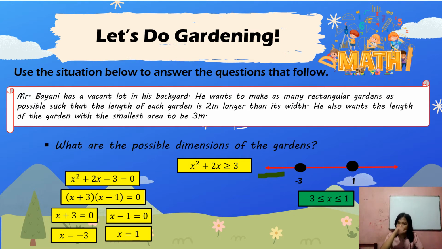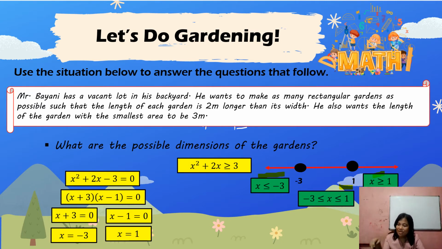Then on the other side, on the side of negative 3, you are going to have x is less than or equal to negative 3, and in this other part, you use the greater than symbol, so x is greater than or equal to 1. Since you now have your intervals, you may proceed with the true or false test.